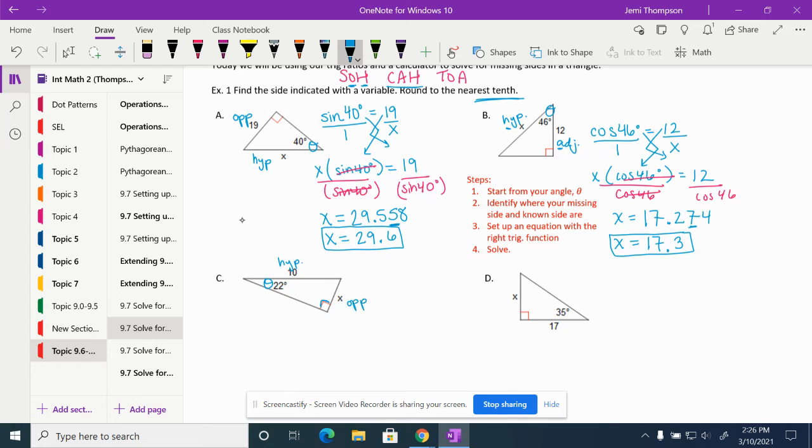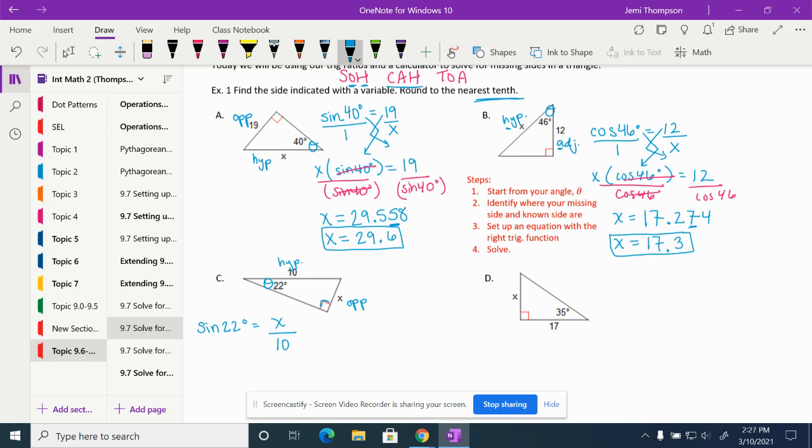The opposite. Which function uses the opposite and the hypotenuse? Sine. So the sine of 22 degrees is equal to the opposite divided by the hypotenuse.